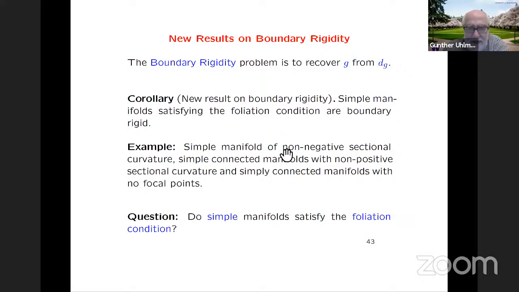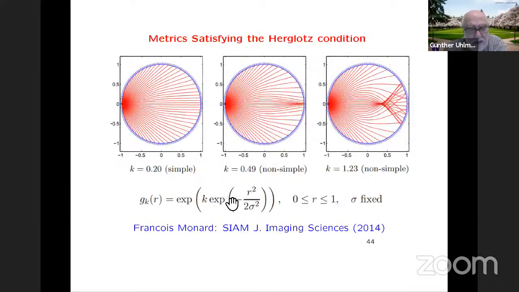Okay, I repeat this: the foliation condition allows for conjugate points. For instance, the middle picture will be included because the Herglotz condition implies the foliation condition.